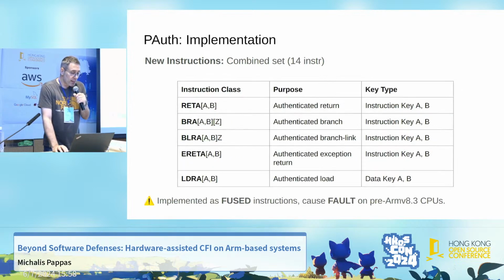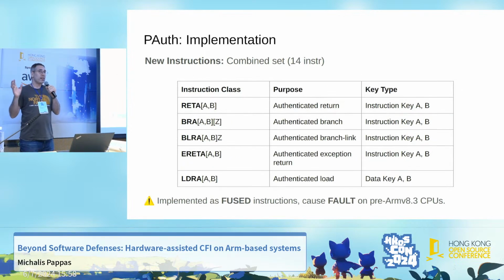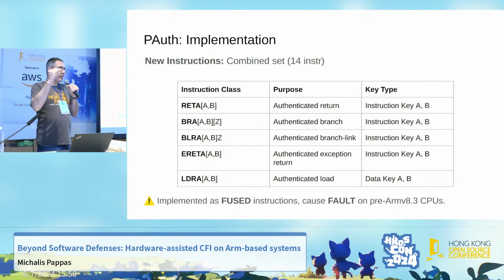The combined set essentially does the same things, but with additional operations. It's a convenience, so you can have authenticated return. Rather than doing first the authenticate and then the return, you can do both in one instruction. You can do other things like authenticated branching, right?